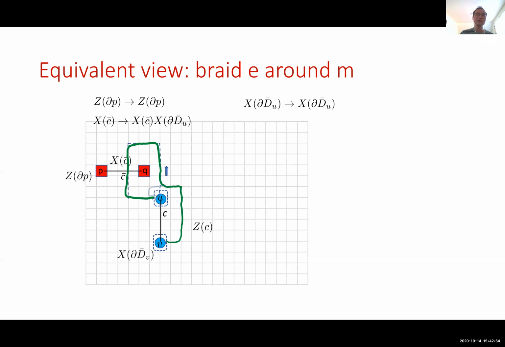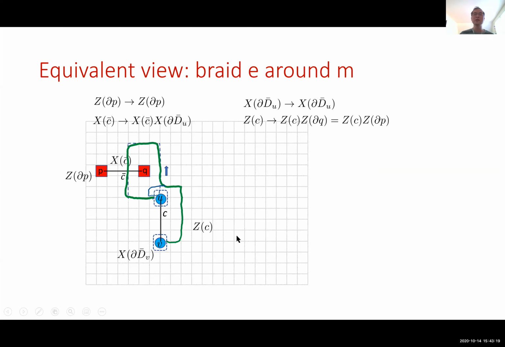Then similar to the previous case, I draw another curve to break this into two parts. One is a cycle around the Q, which is a Z logical operator on the primal qubit. And the rest is a string directly connecting the two defects. So that's a logical Z operator.